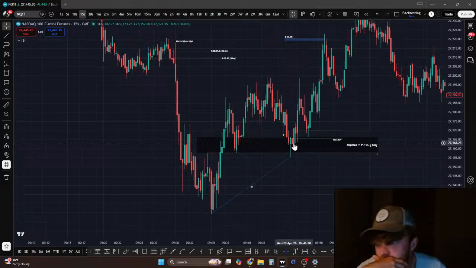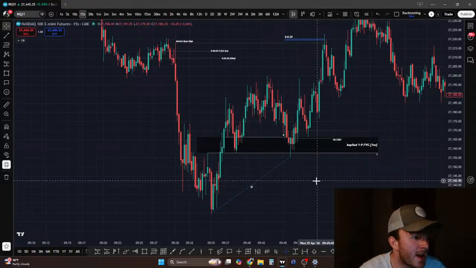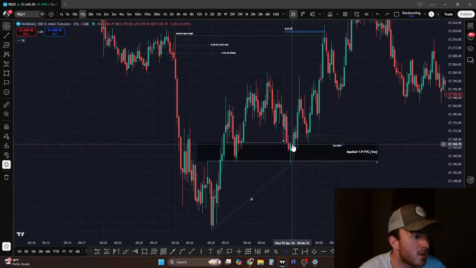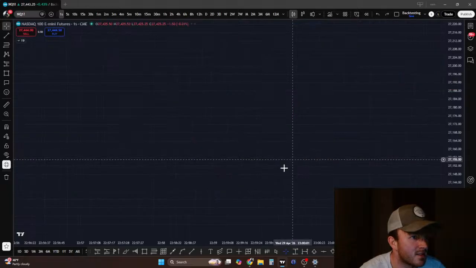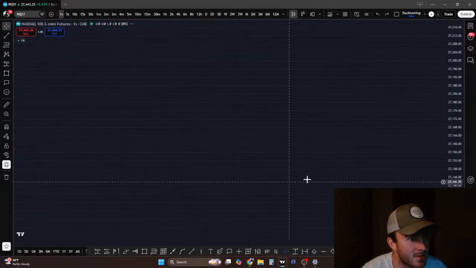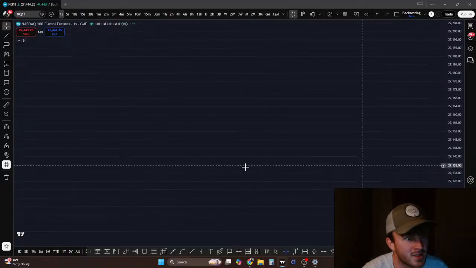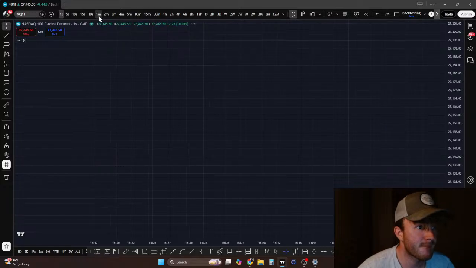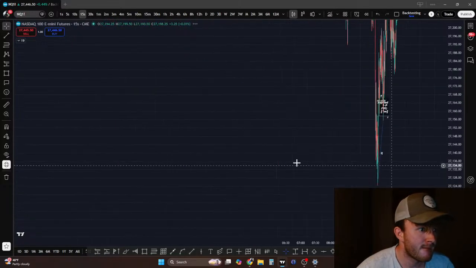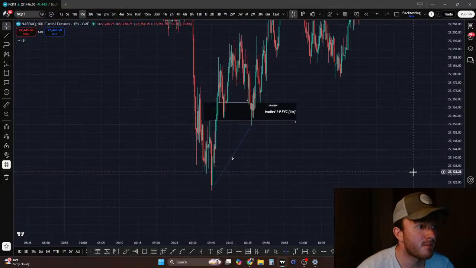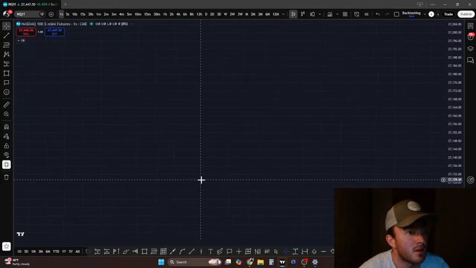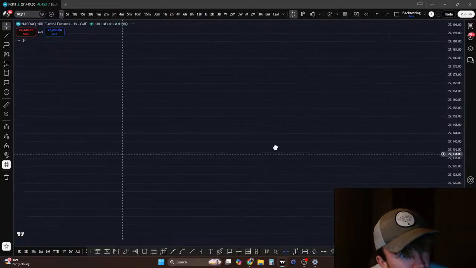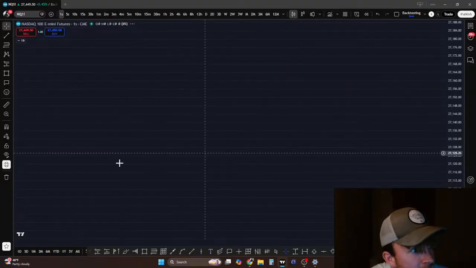Wait, I'm just now realizing, wait, if we get that back. Wait a second. I just realized I messed this up. That Pico open is important actually. Because you know why? Because the initial entry is on the initial retest of it.